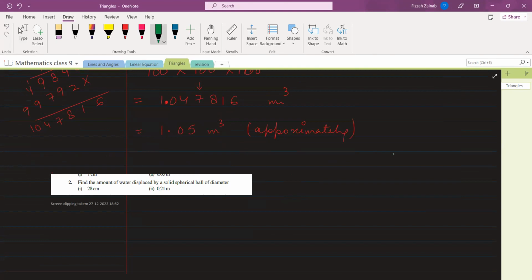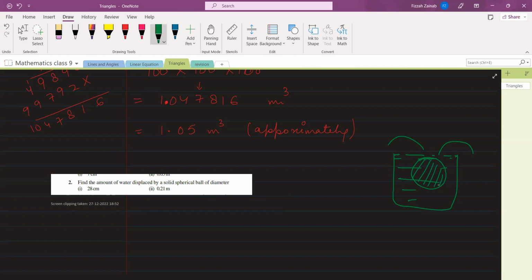For example, you have a beaker, right? Let's say it is filled with liquid till the top. Now you are dropping a spherical ball in it. Once the ball is here, obviously the water will spill out, right? So how much water will be displaced? The amount of water displaced will be equal to the volume of this sphere, isn't it?